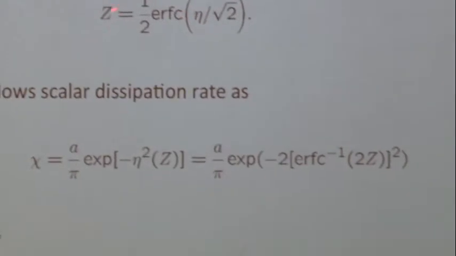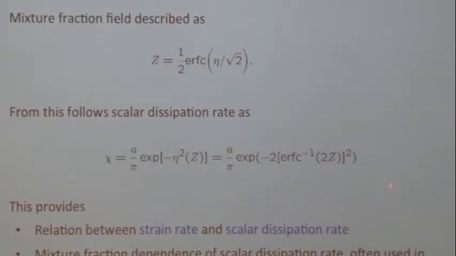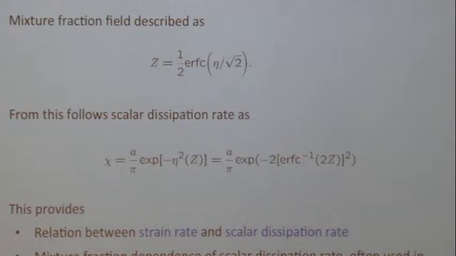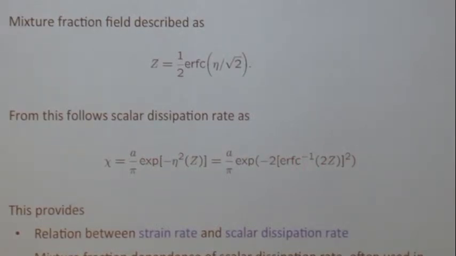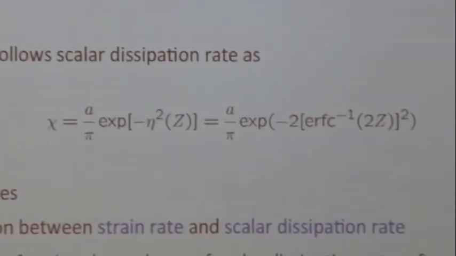I can solve this for eta as a function of Z, plug this in, and then you get the exponential of the inverse of the complementary error function. So this is a complicated function, but you can find an analytic solution of this dissipation rate.